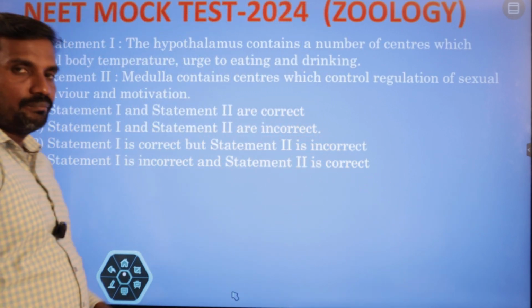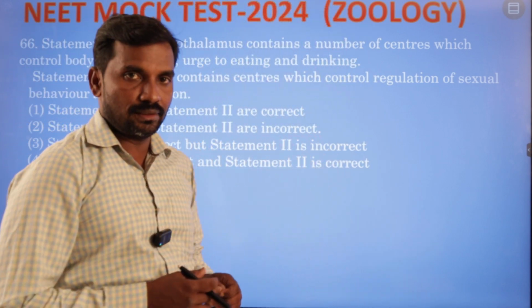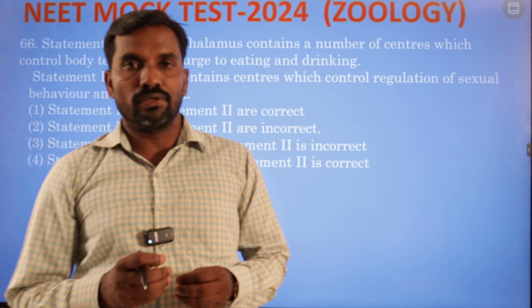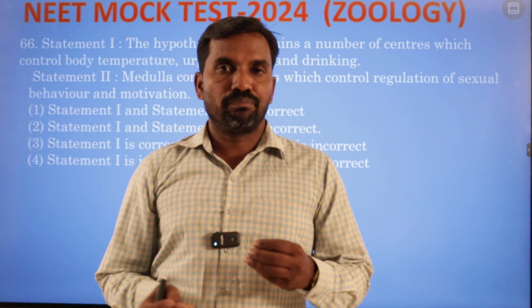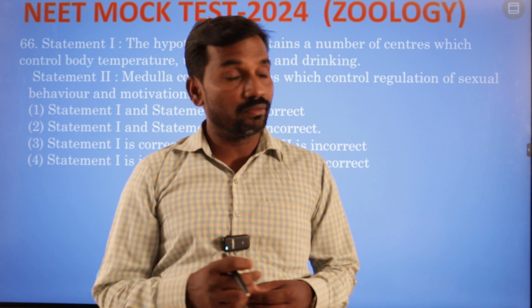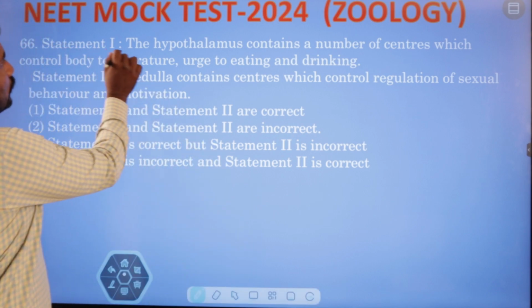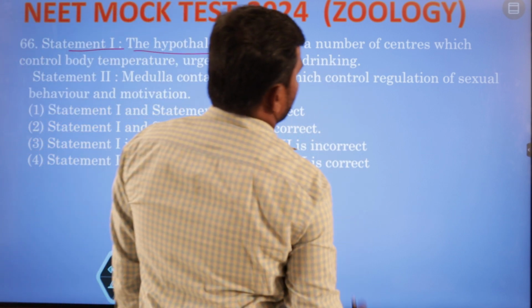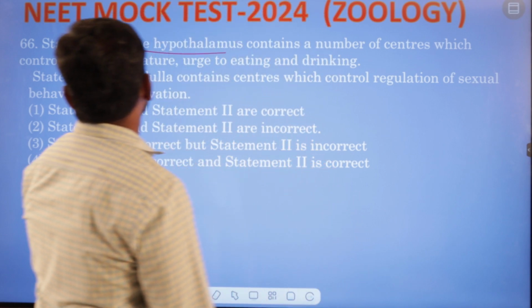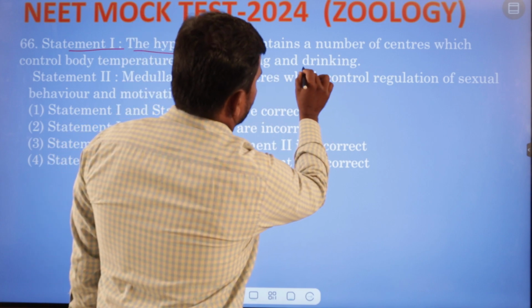66. This is coming from neural control and coordination. We know very well that neural control and coordination is much faster than chemical control and coordination, and it primarily involves nervous tissues. Statement 1: the hypothalamus, the coordinating center, contains a number of centers which control body temperature and the urge for eating as well as drinking.